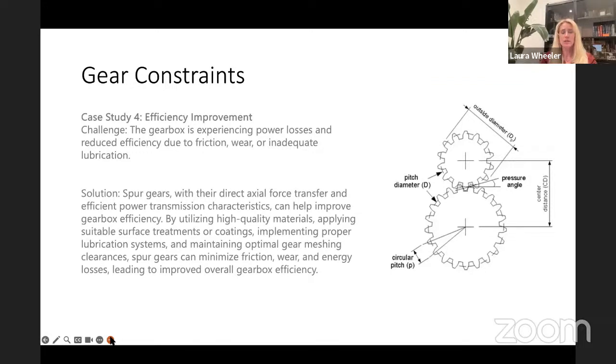So when we consider efficiency as part of our design, we want to focus on high quality materials, surface treatments, proper lubrication, possible gear meshing clearances, and how we can minimize friction, wear, or energy loss. So those are some different things that we can consider when addressing efficiency in our engineering design.